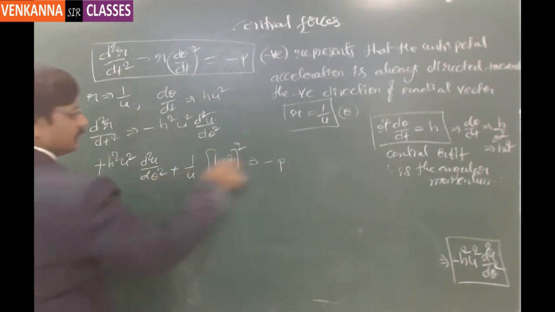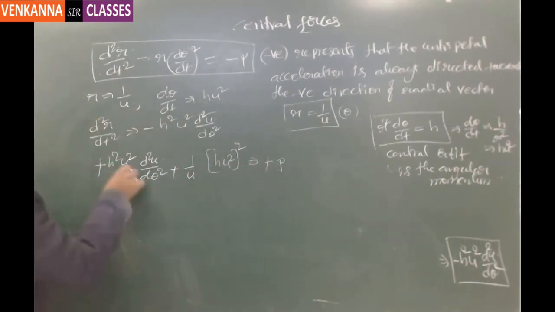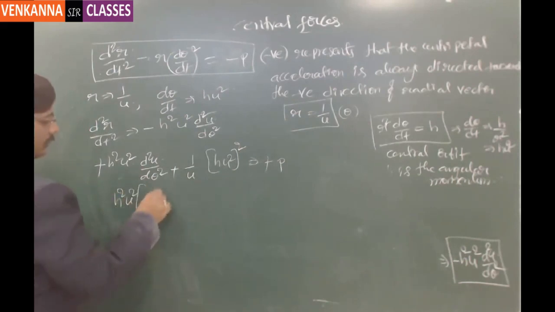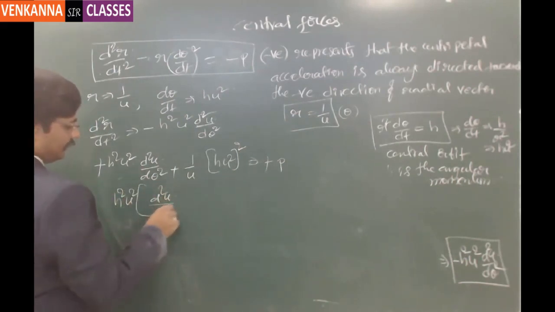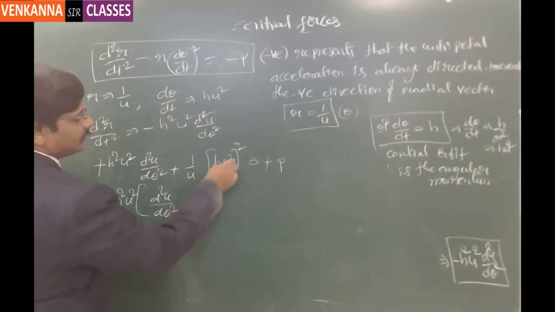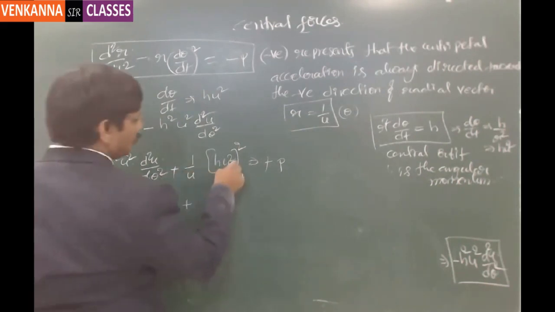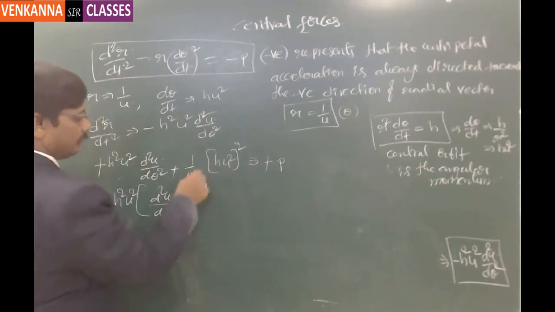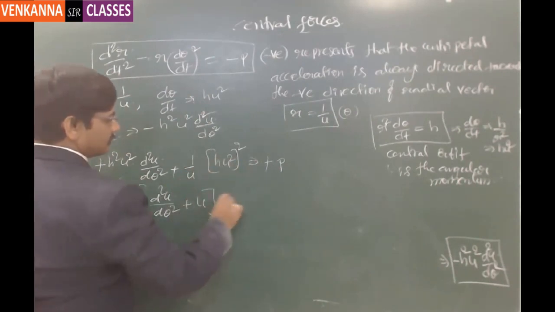This minus and this minus will cancel out, and then h square u square if you take out, then d square u by d theta square plus, h square goes out and u square also goes out, u square by u is u, is equal to p.